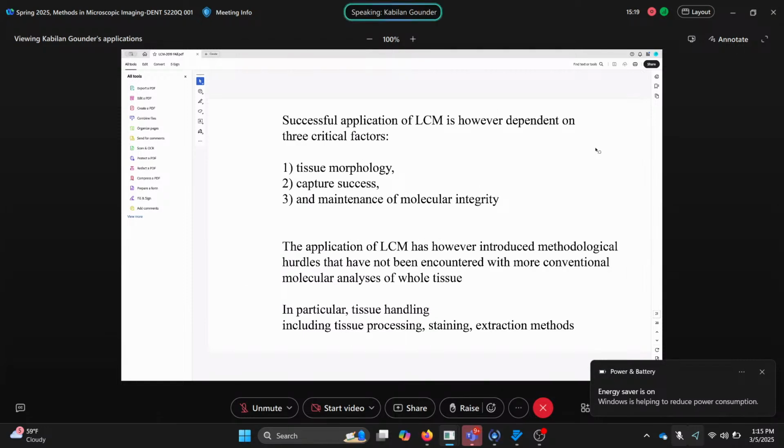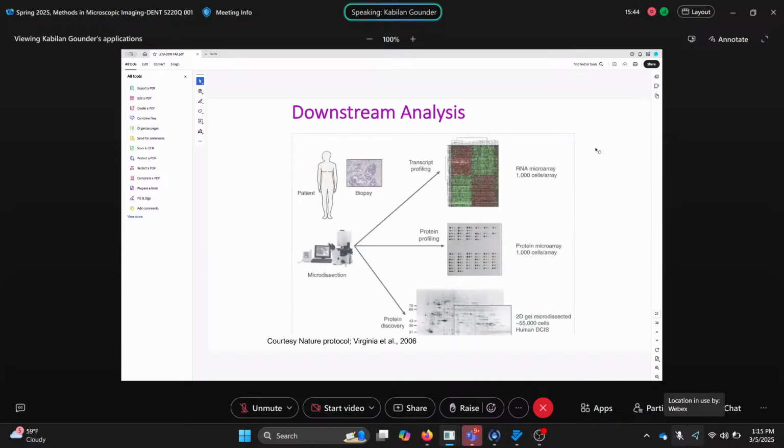As we discussed, this is important for tissue morphology, capture success, and maintenance of molecular integrity, right? This application, however, introduced methodological hurdles that have not been encountered with more conventional molecular analysis of whole tissue, including tissue processing, staining, and extraction methods.